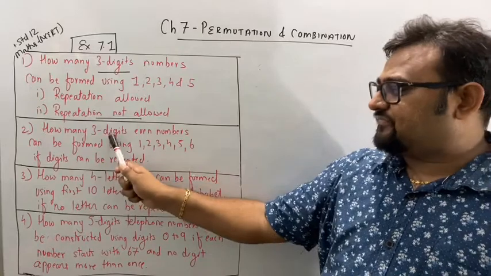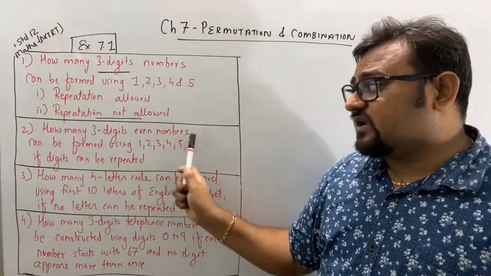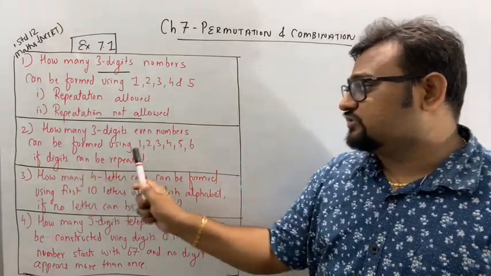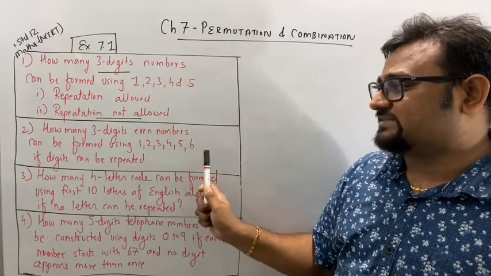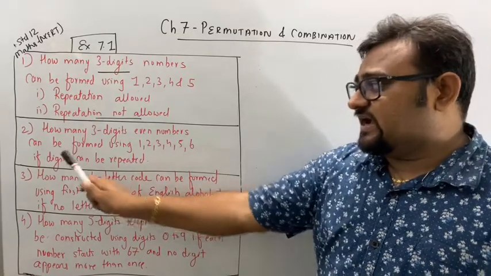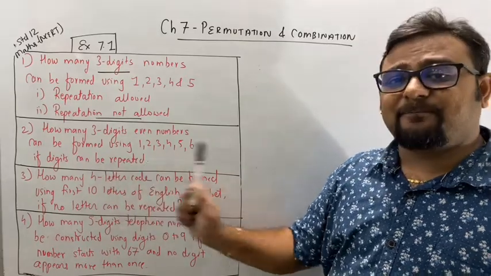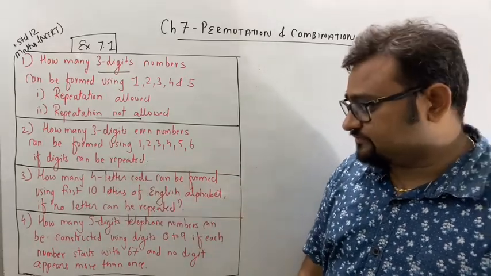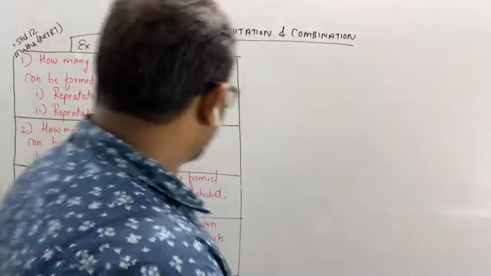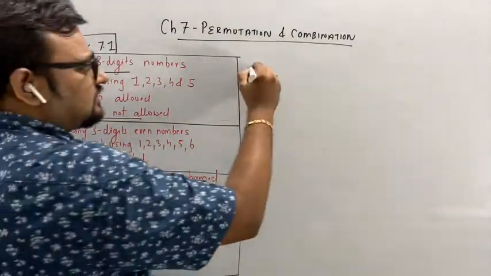How many 3 digit even numbers can be formed using 1, 2, 3, 4, 5, 6, if digits can be repeated? Okay, so now again 3 digit.